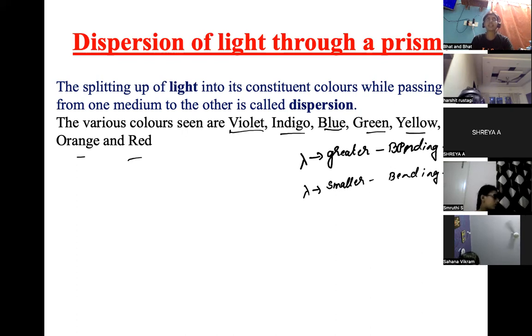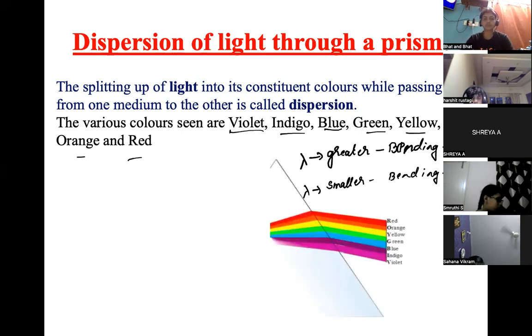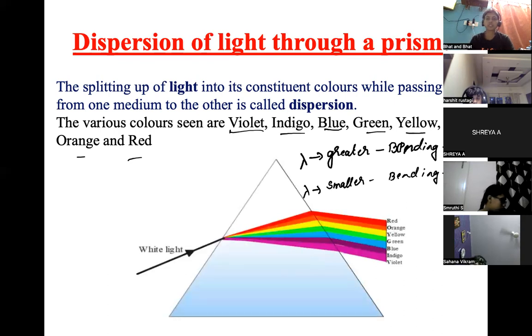So now which light has more wavelength and which light has less wavelength? Tell me now. At least looking at this, you can tell. Which light is bending more? Violet.